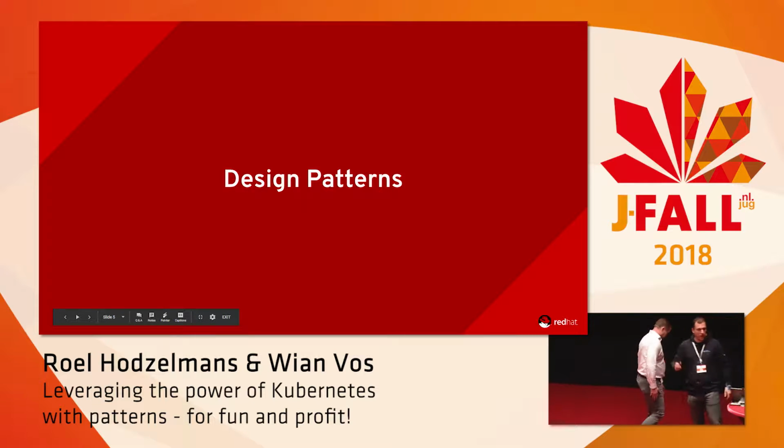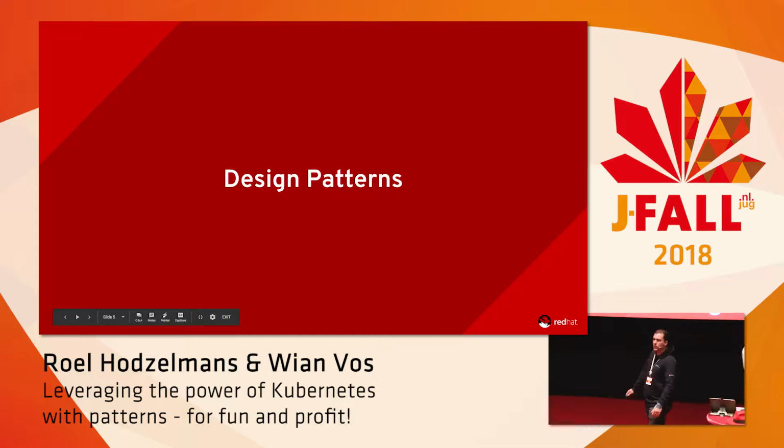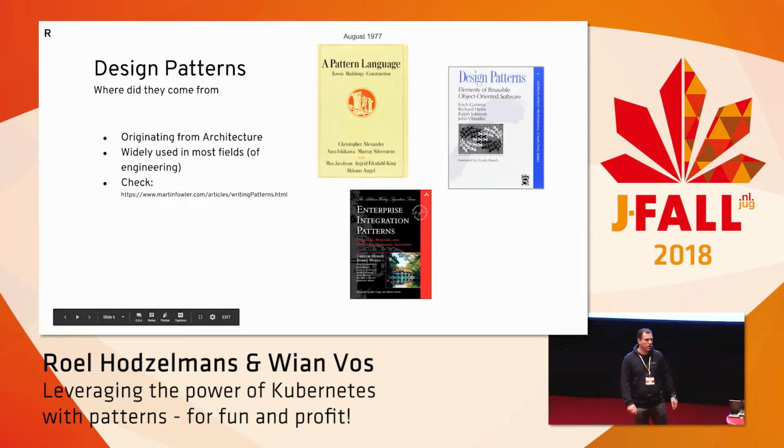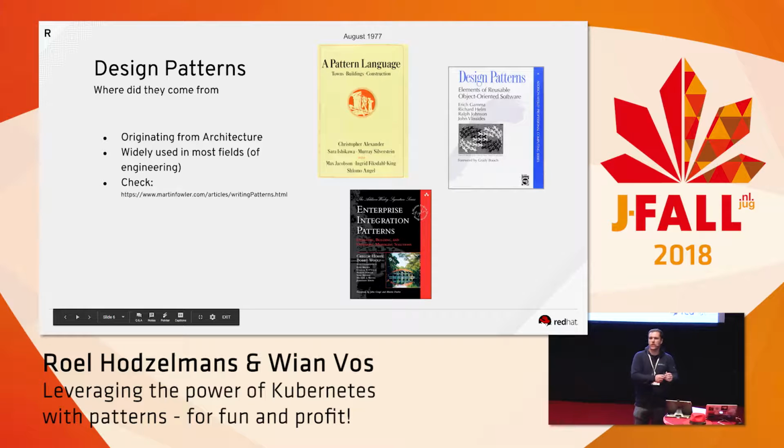Fine. So, design patterns. Just a short recap of what they are, right? And where they come from. And the most simple explanation is they're nothing more than a simple way of describing a complex problem real fast, right? It's not something new. We've been doing this for ages.